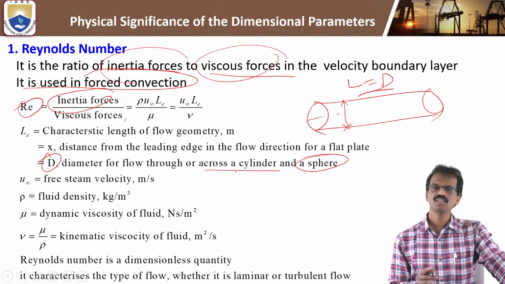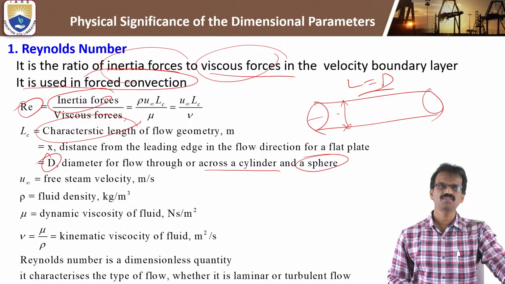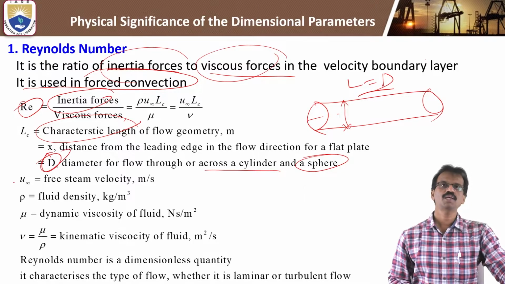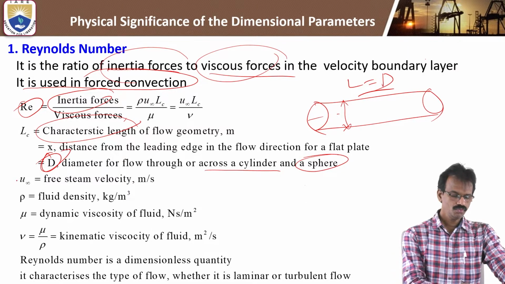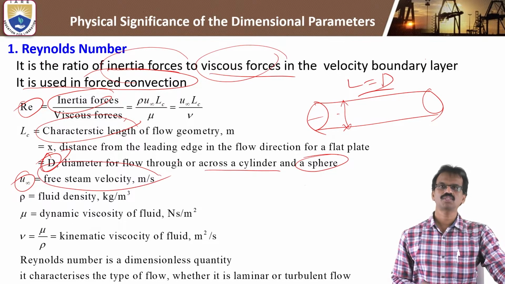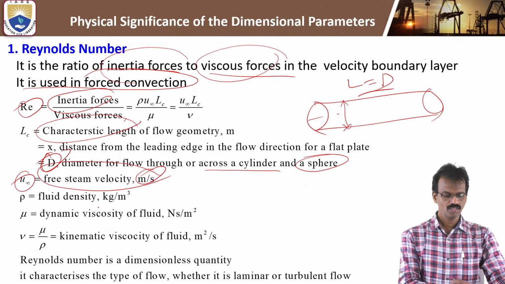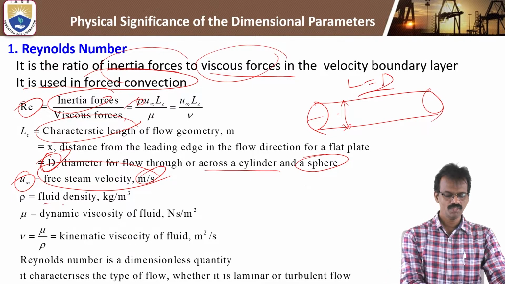In the case of cylinders and spheres, the characteristic length will be equal to the diameter of that pipe. U infinity is the free stream velocity, and the unit of that is meter per second. Then rho is the fluid density.